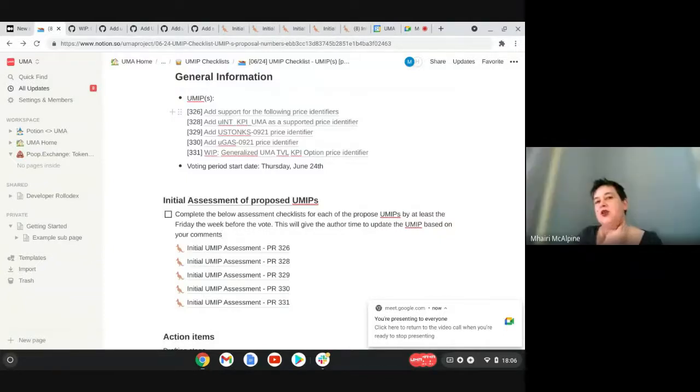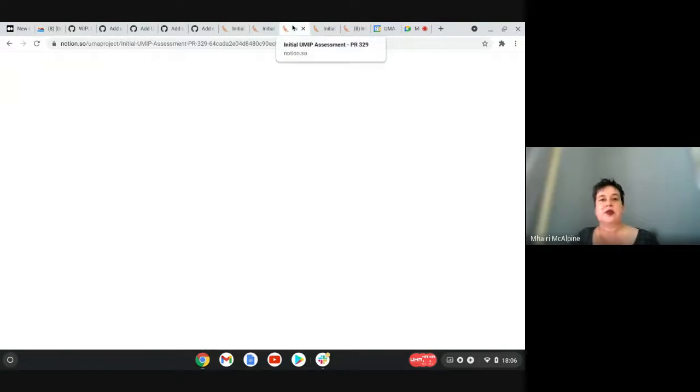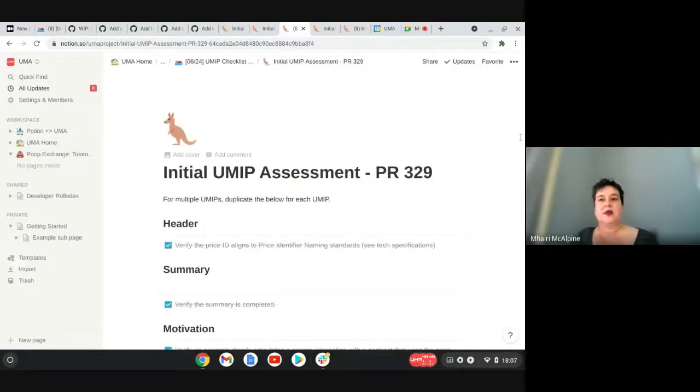Okay, should we perhaps take the UStonks and UGAS identifiers first? As they're quite quick. And we'll wait for Brits and Brews to discuss the omnibus one. So looking first at UStonks, I think that's this one.